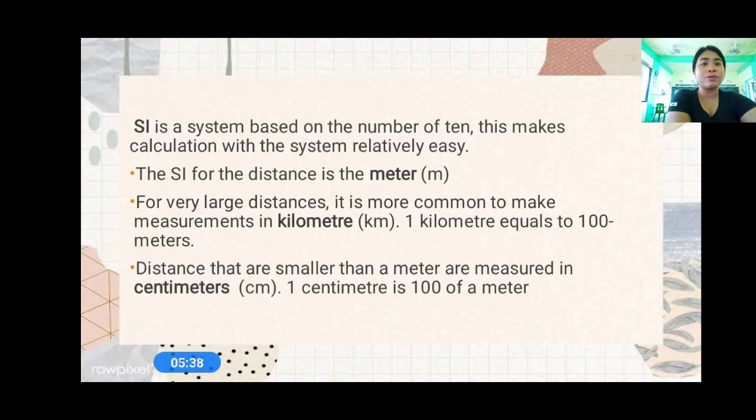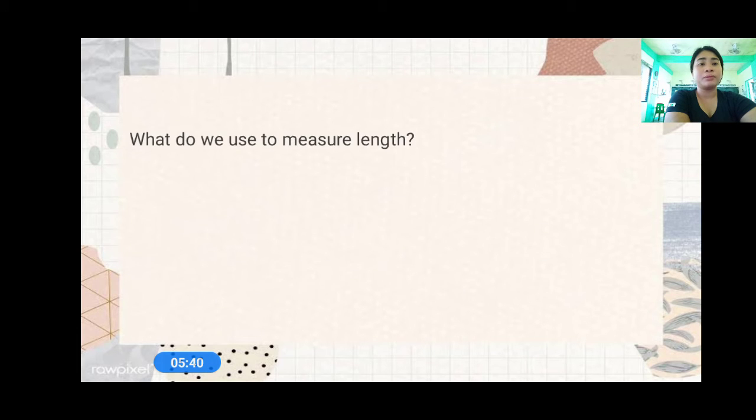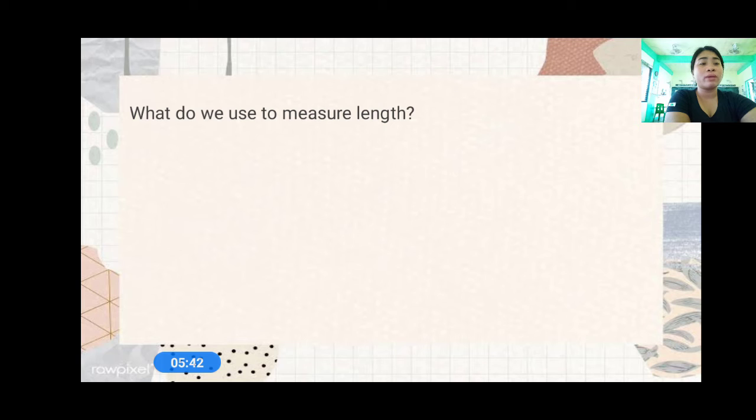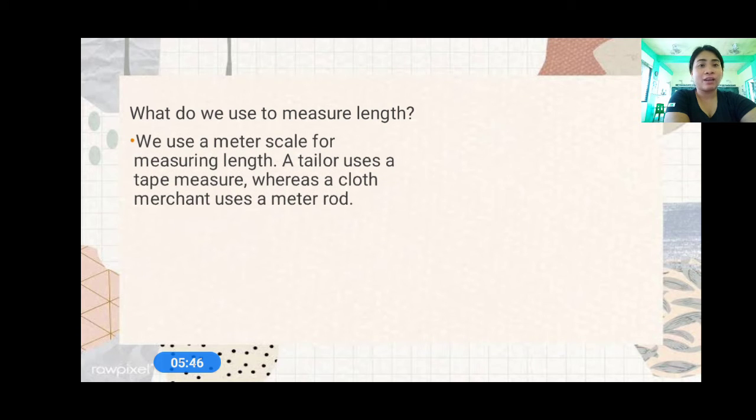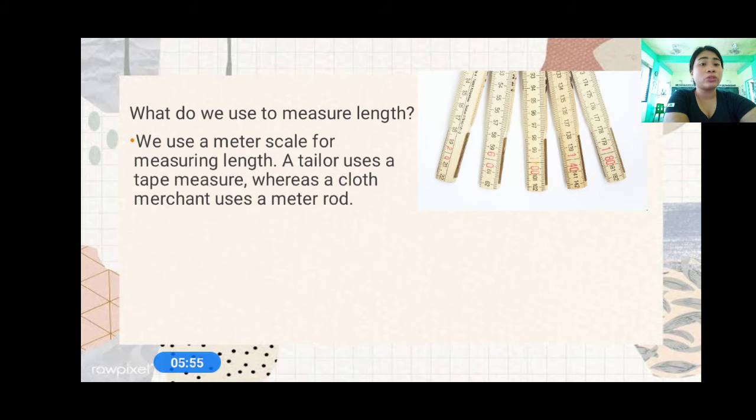Okay, very good. Now, what do we use to measure length? We use a meter scale for measuring length. What do we use to measure length? Meter scale. Now, a tailor uses a tape measure, whereas a cloth merchant uses a meter rod.